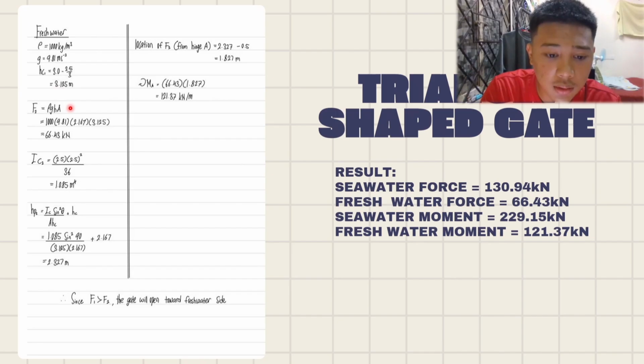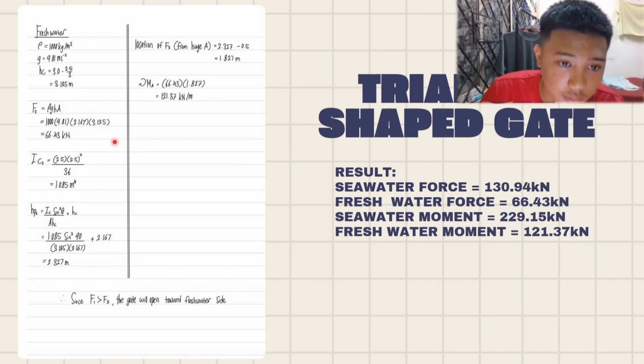And then next we get F. So I will label here F2 as the hydrostatic force acting on the gate for the freshwater side. So same, we just use the formula rho g h A, plug in all the values, and then we got 66.43 kilonewton for F2.